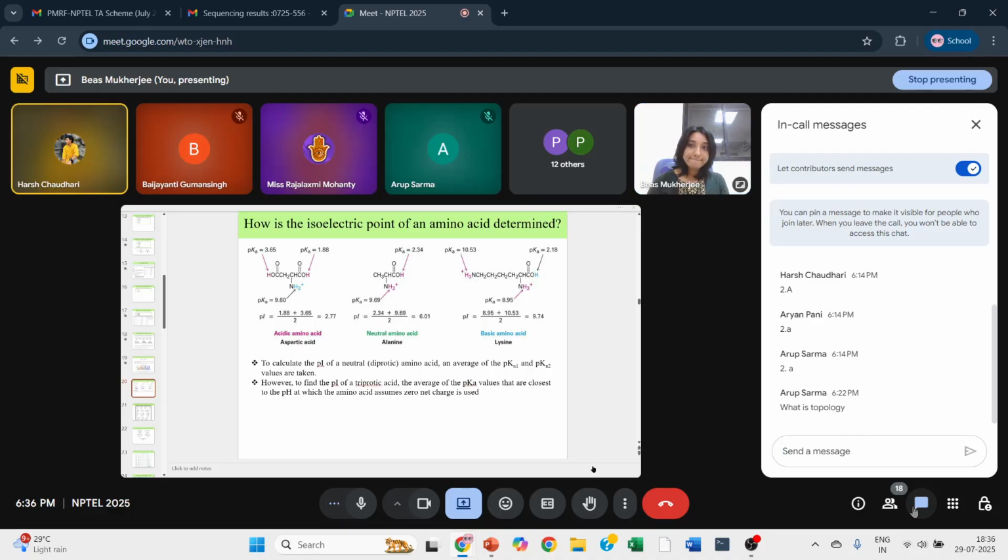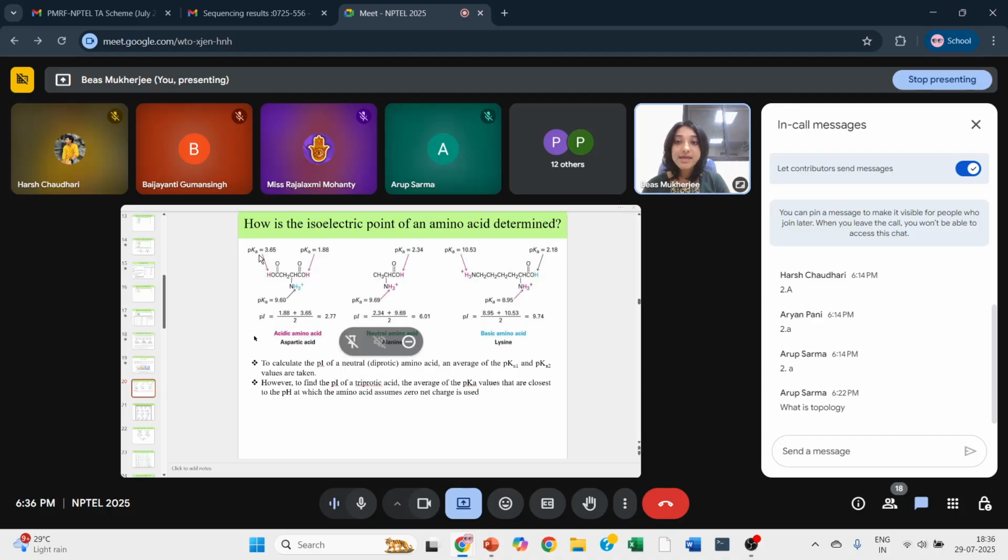Repeat it again, ma'am. See, for this particular amino acid, let's say aspartic acid, at pH 2, the pKa of the side chain comes, that is why COOH loses one H plus and becomes COO minus. So at pH 2, the charge is -1, and this +1 charge is there because of NH3 plus.